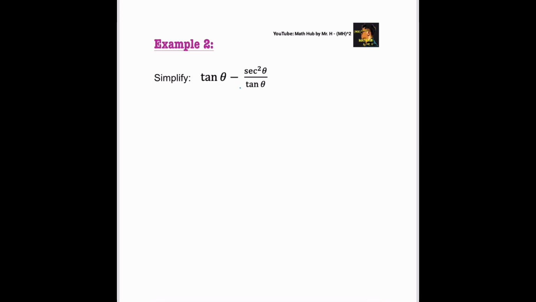So we multiply tangent theta to this one. So tangent theta times tangent theta is tangent squared theta. Then we copy minus secant squared theta. And then for the denominator, we simply copy tangent theta.